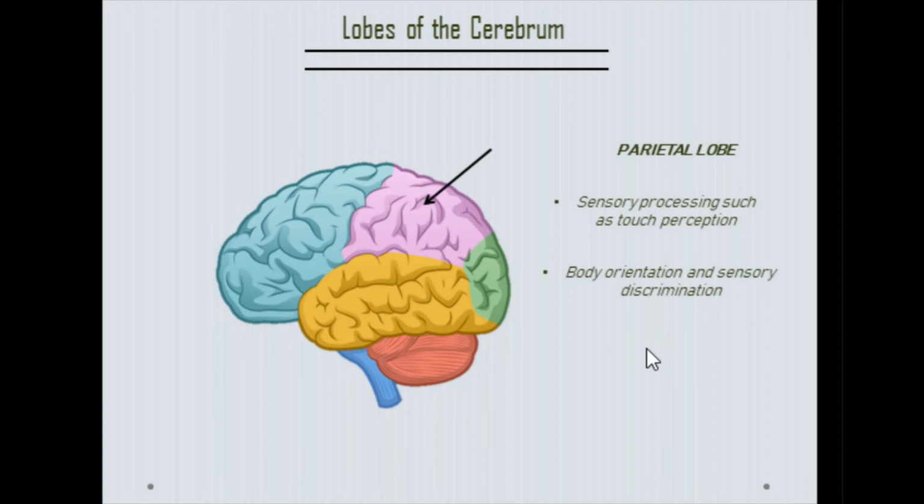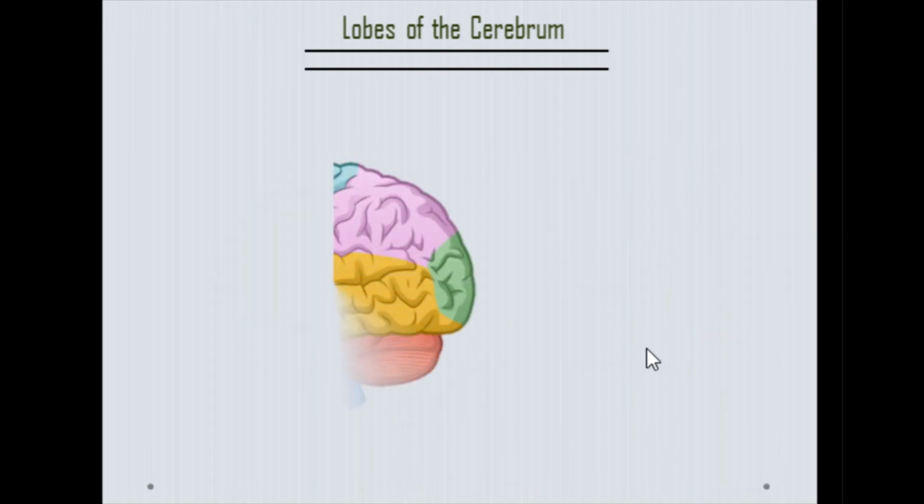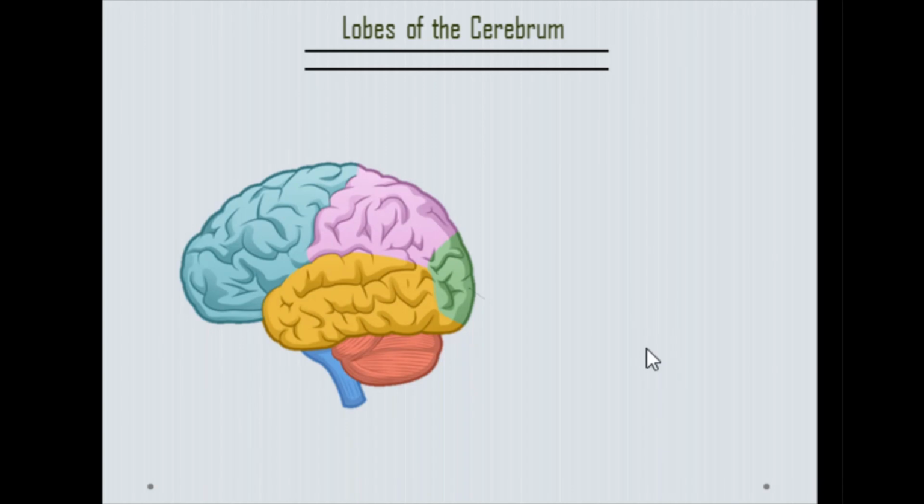Senses like hearing, touching, particularly touching. Alright, let's move on to our last lobe. What is the last lobe? There you have it. Our last lobe, the arrow points to the green colored lobe.